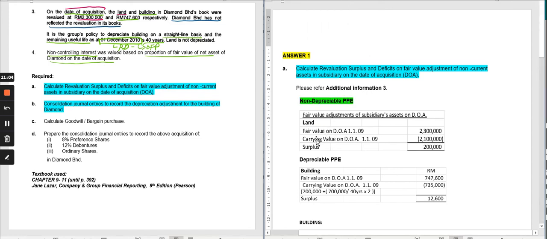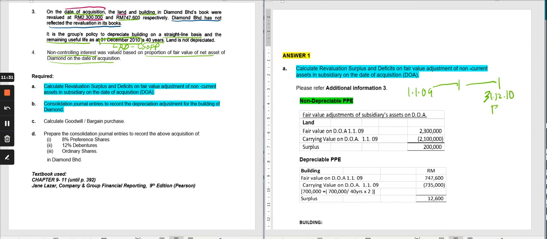For land, the fair value on the date of acquisition, when we talk about fair value on the date of acquisition, we know that it is on 1st of January 2009, and you prepare your statements on 31st of December. The consolidation is done 31st of December 2010.